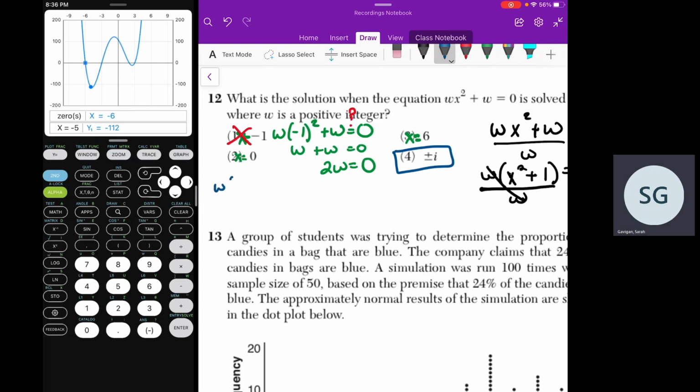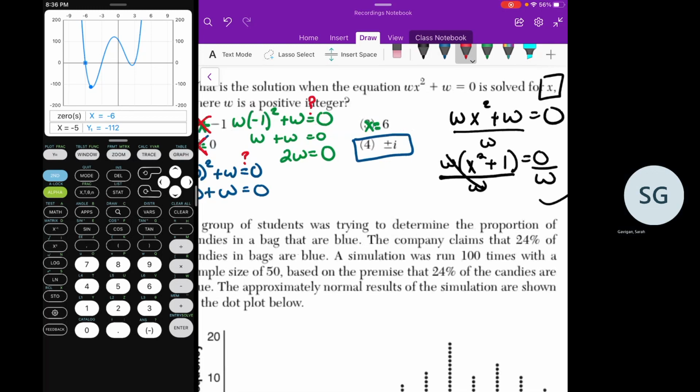Well, let's try to plug in 0 for choice 2. All right, so if we have w times 0 squared plus w, does that equal 0? Well, 0 times anything is 0. Is 0 plus w equal to 0? No, that also doesn't work. Now, plugging in 6, you'll see something similar.